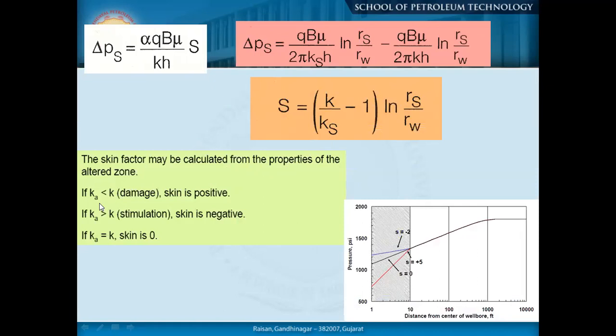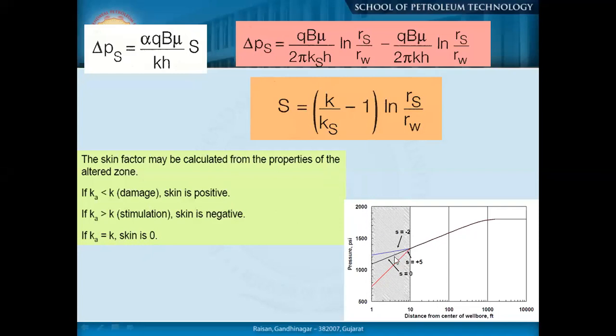If we consider the apparent skin, as you see here, when the skin is 0, Ks equals K, and we are considering a certain part in this skin area. When the skin is 0, K apparent is Ks, or the permeability in the skin area.